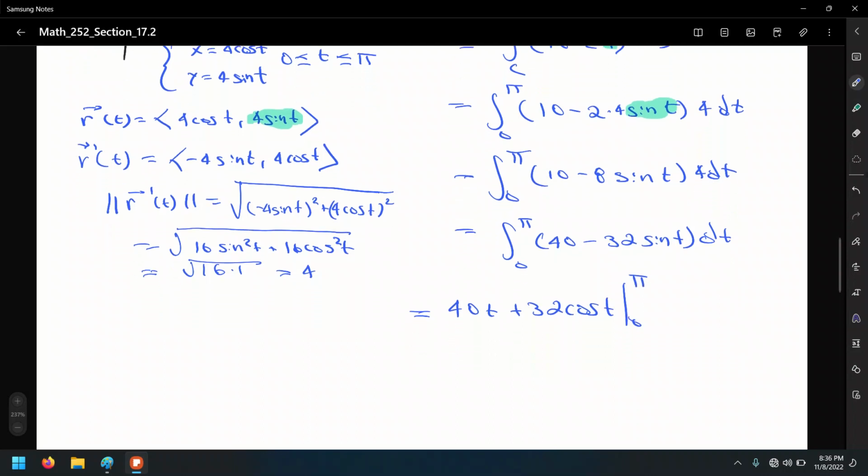After doing the upper and lower limits of integration, that should give us 40 pi minus 64.